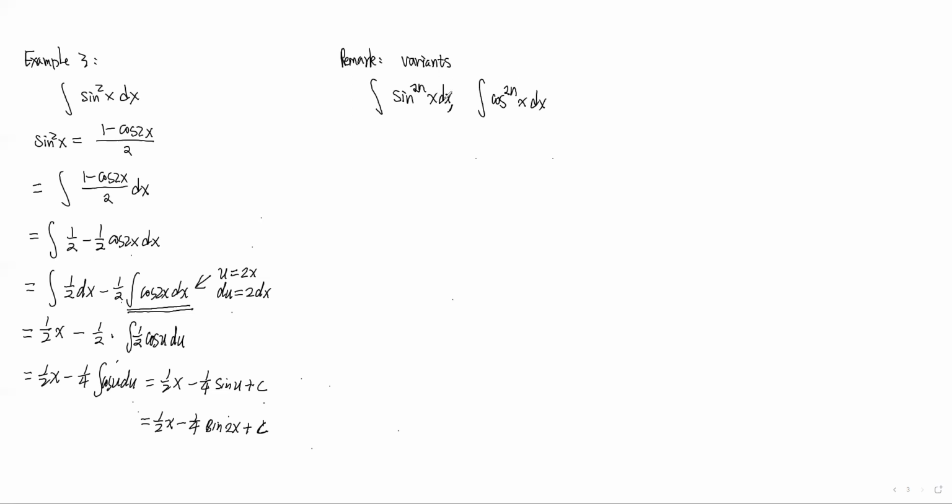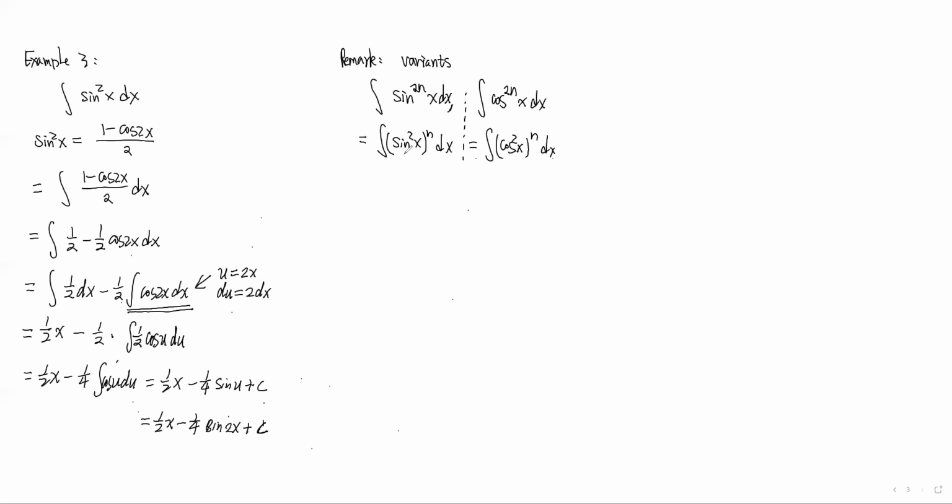That means the power is an even number, right? The method is the same. You write this as sine x squared power to n, right? For this, you write cosine x squared power to n dx, right?